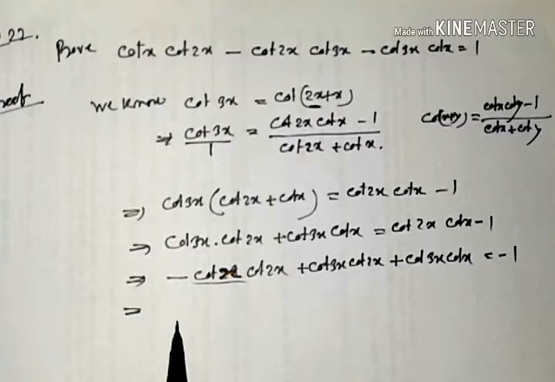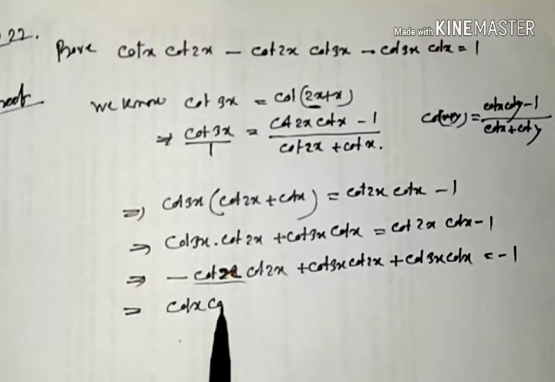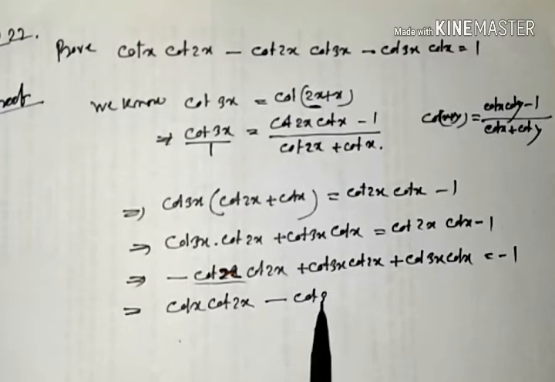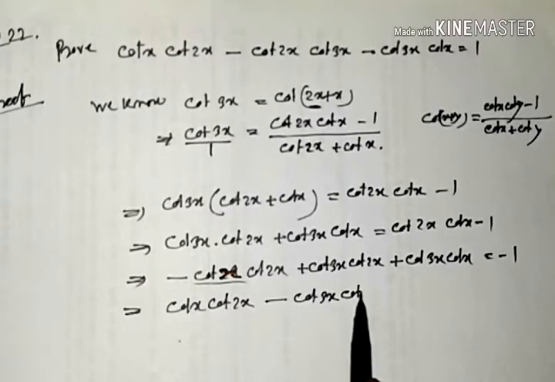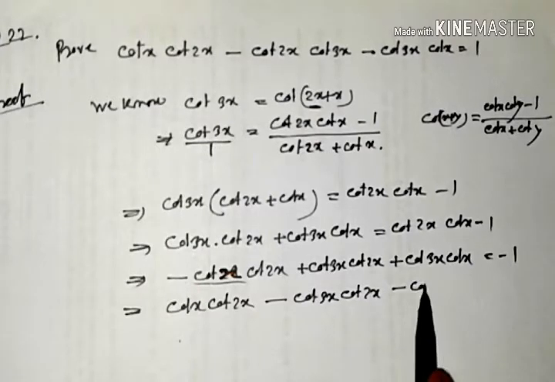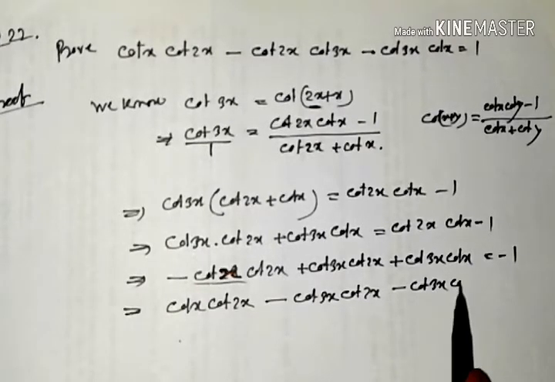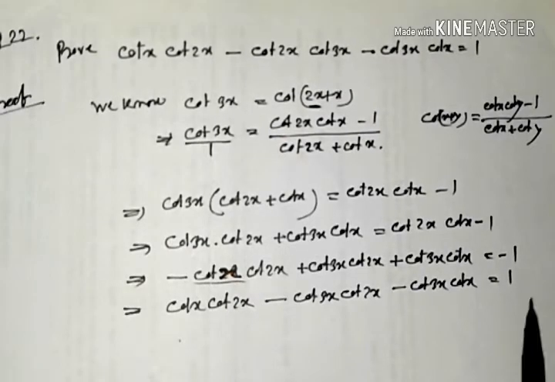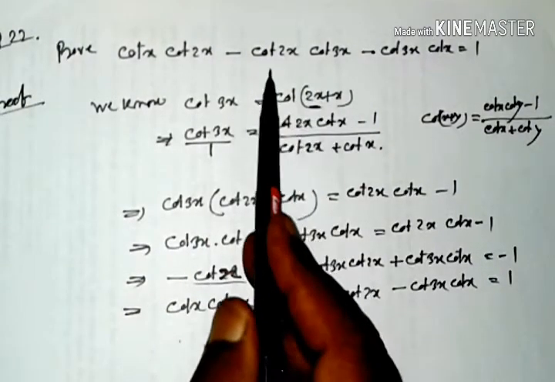Multiplying both sides by minus 1, cot x cot 2x becomes positive, cot 2x cot 3x becomes negative, and cot 3x cot x also becomes negative, and minus 1 becomes positive 1. This is the result we wanted to prove.